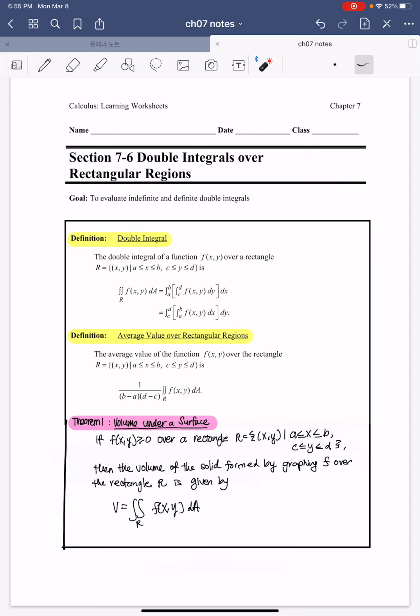So first definition, double integral. The double integral of a function f of x comma y. Notice now the function has two variables involved. And then this will create a rectangle region bounded by certain x values and certain y values. So we will associate x as a to b and then the y value c to d.